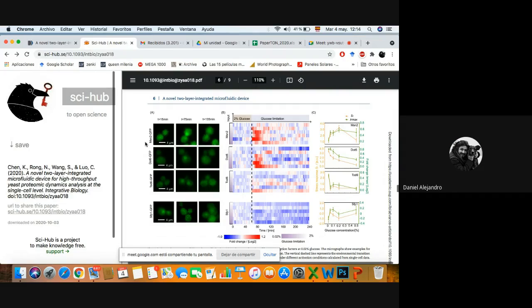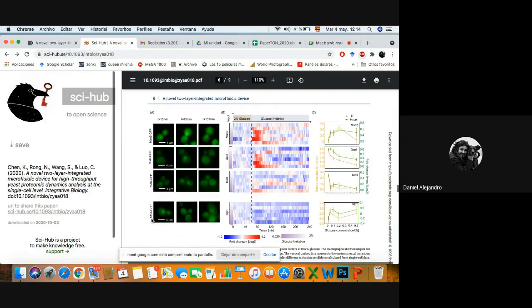When they lost glucose in the medium, the MS2 protein goes to the nucleus, and that was in all these conditions.